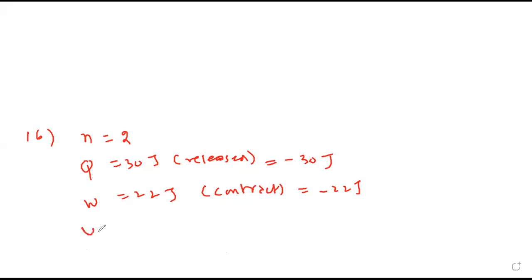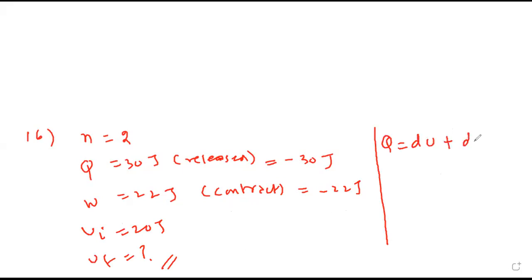If initial internal energy is 20, then find final internal energy. Only difficulty in this sum is plus minus. Heat given out, minus. Work done on the gas means gas will compress, volume decreases, negative. After this it is very simple. Heat supplied is dU plus dW. So minus 30 is dU minus 22.